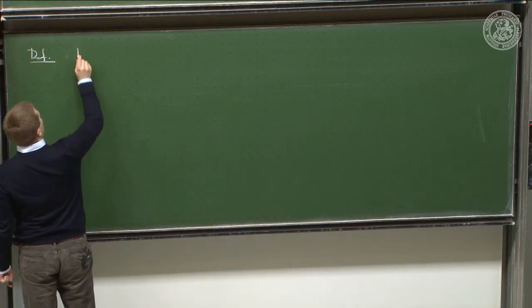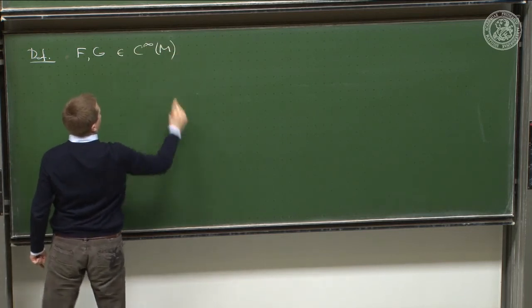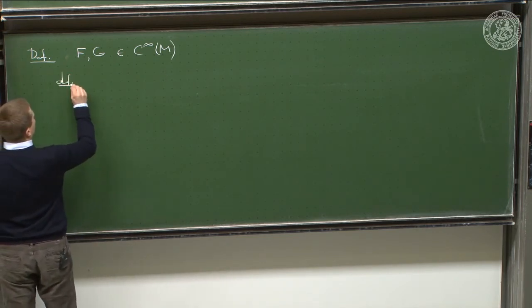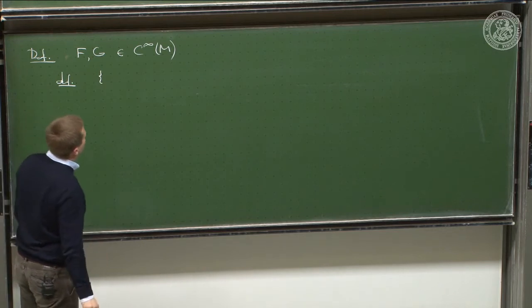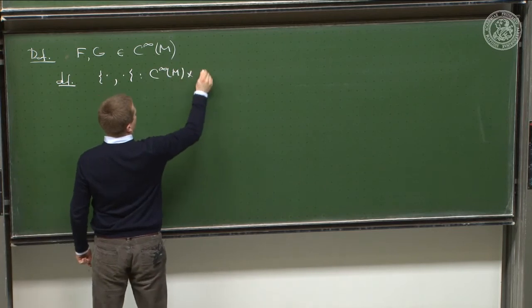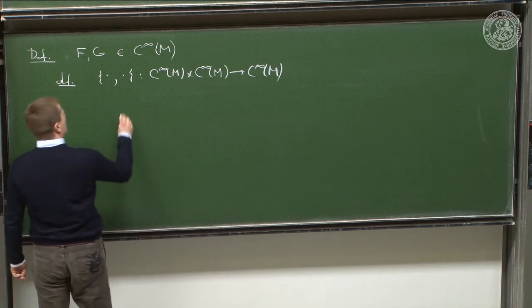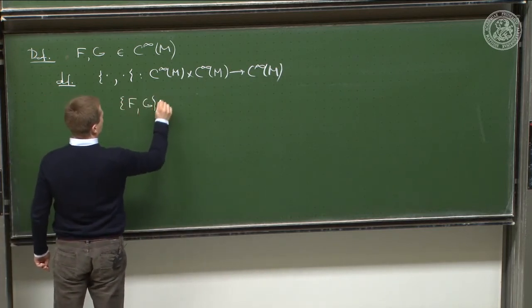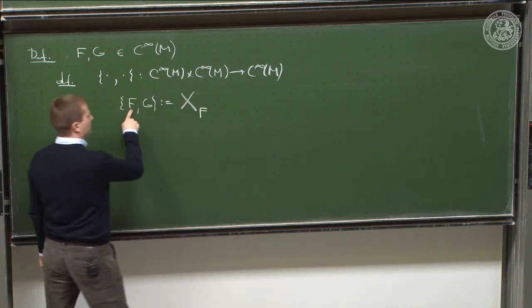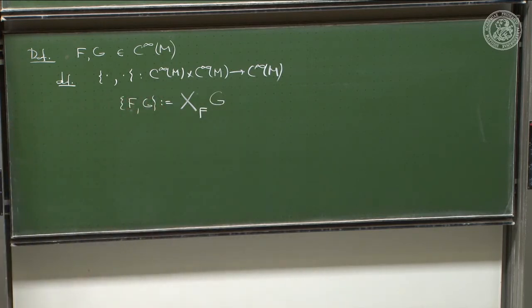So the definition is, if f and g are observables, so smooth functions on the symplectic manifold, then we define a bilinear map from C infinity M cross C infinity M back to the observables C infinity M by virtue of letting {f,g} be the action of the Hamiltonian vector field of the first one acting on the second one.